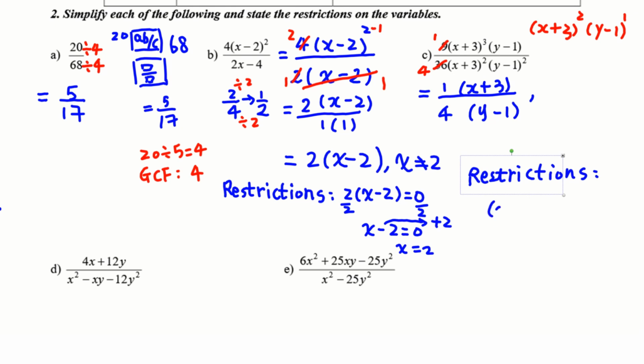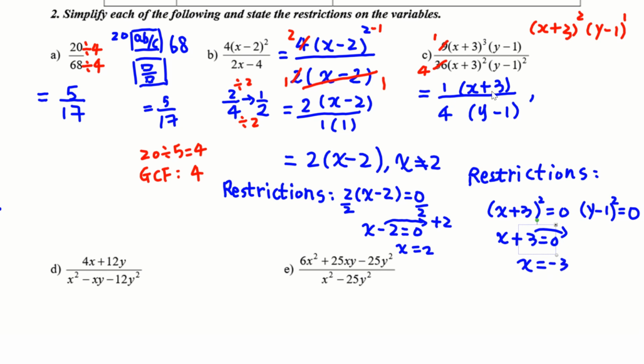So x plus 3 is a factor, set equal to 0. y minus 1 is a factor, which should also be 0. So x plus 3 equals 0. Move the plus 3 to the other side, you have x equals negative 3. Restriction means x couldn't be negative 3.